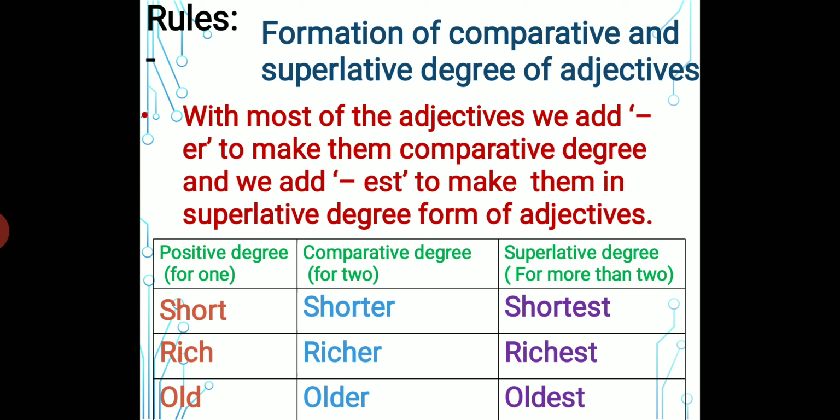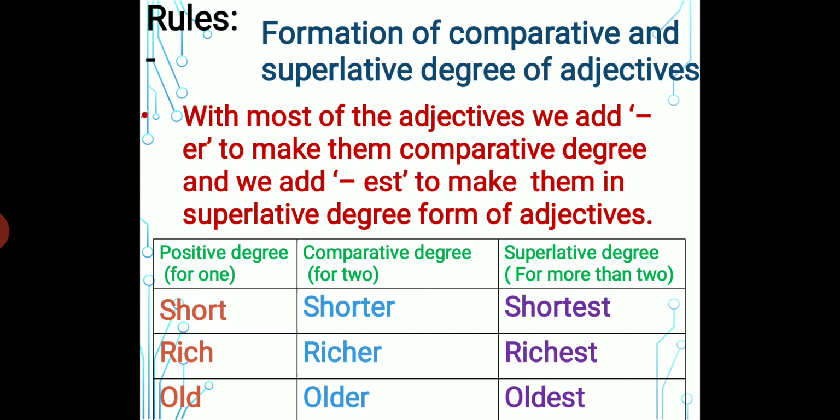Then rich. We add er to make it a comparative form. So rich becomes richer. And if we want to make the superlative form, we add est to it. So rich becomes richest. Old, add er to make it a comparative form, older.